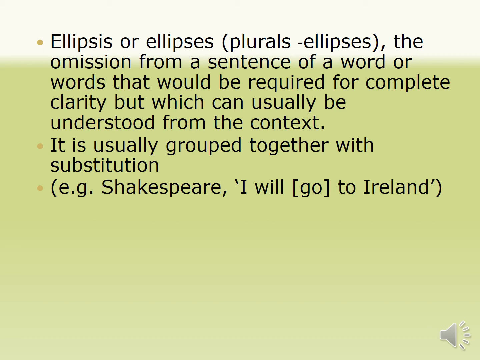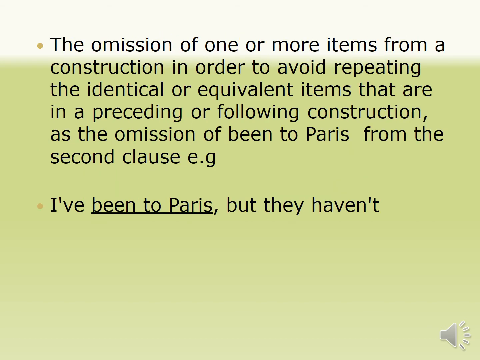Let's learn about another basic aspect of ellipsis: the omission of one or more items from a construction in order to avoid repeating identical or equivalent items that are in the preceding or following constructions, such as the omission of been to Paris from the second clause.